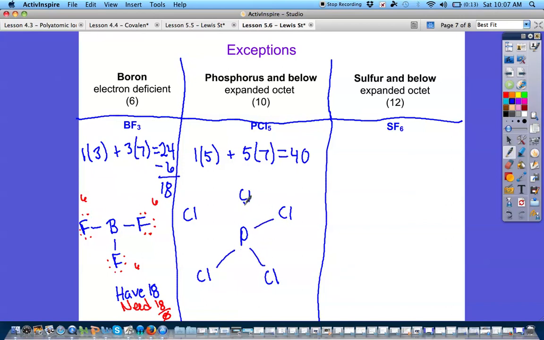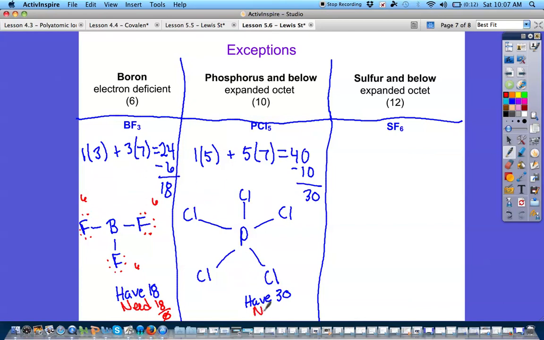We're going to single bond all of our atoms together. So we have 10 electrons involved with our bonding. So that leaves us 30. So we now have 30. One indication of an expanded octet is that what's bonded to the phosphorus is greater than 4. So we have to have an expanded octet. So now, assessing our needs, well, each chlorine has 2. We need 6 more to get to 8, so 6 times 5 is 30.